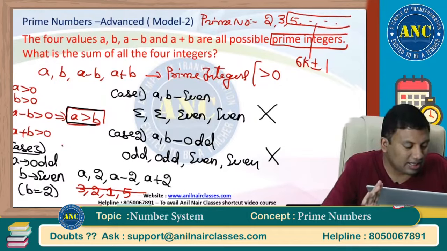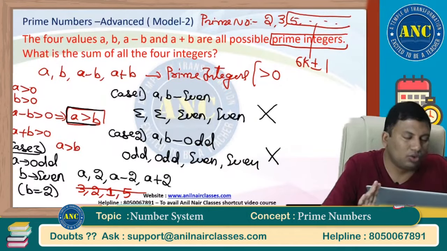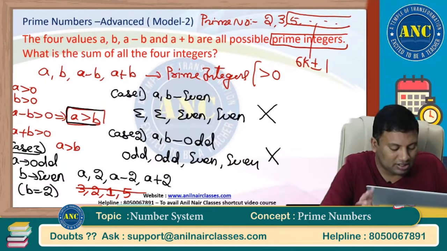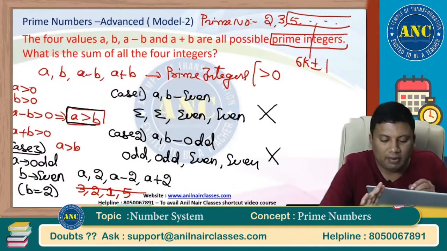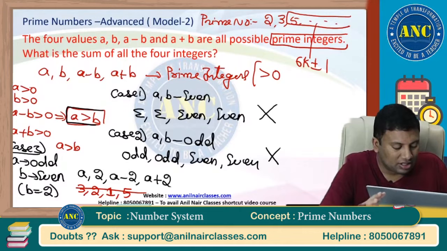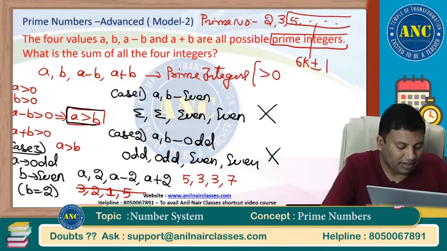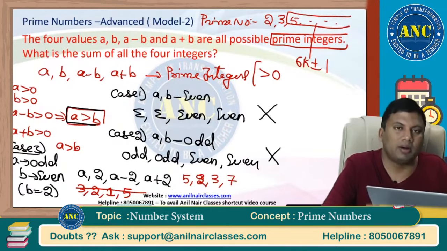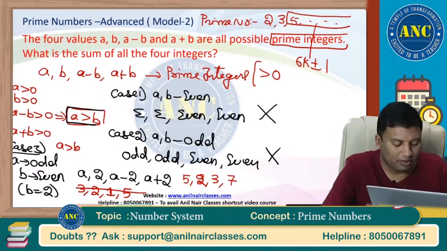Remember, after 2, the next immediate prime number is 3. Next is any prime number greater than 3, of the form 6k plus or minus 1. Let me take 5. 5, 2, 5 minus 2 is 3, 5 plus 2 is 7. 5, 2, 3, 7: one quadruple we got.